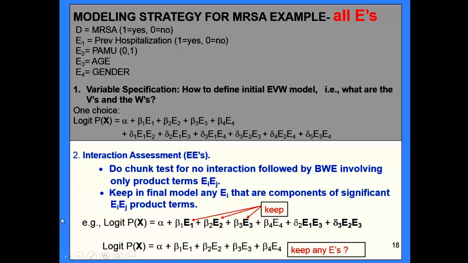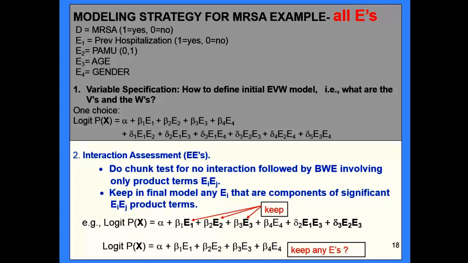If you had this model, what would that mean about what you would do next? If you knew that you needed to keep these two, E1E3 and E2E3, what would you have to keep in your final model? You'd have to keep E1, E2, and E3. But why not E4? Because that's not part of any product term you've decided to consider.